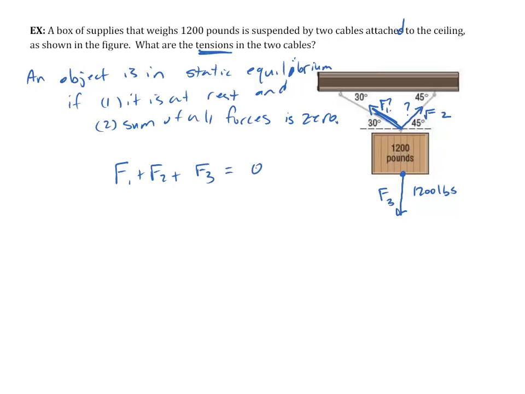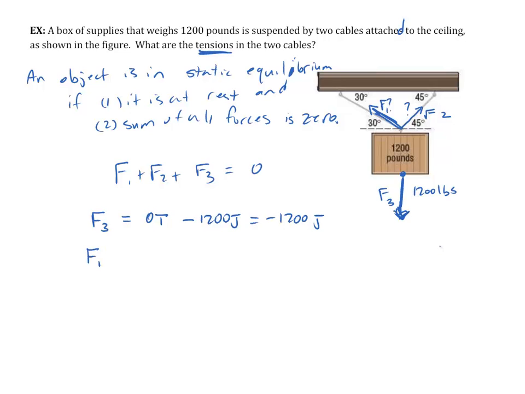Now, of these three forces, the only one I know completely is F3, right? F3 would be 0i minus 1200j. Now, why is that true? Well, because the only component is the y component, and it's acting downward, so we're going to have a negative 1200j.